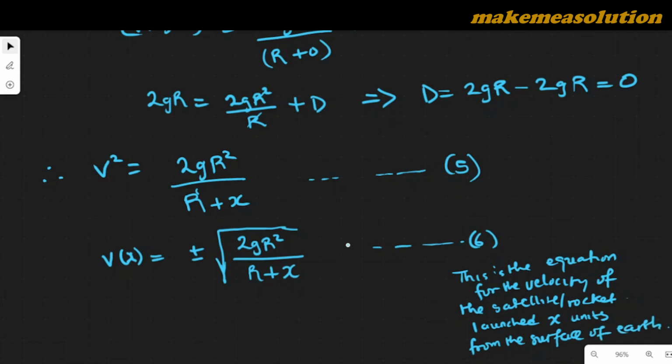So at any particular x units away from the surface of the Earth, we can determine the velocity by this equation. So this equation stands.